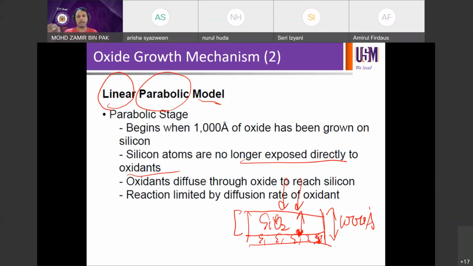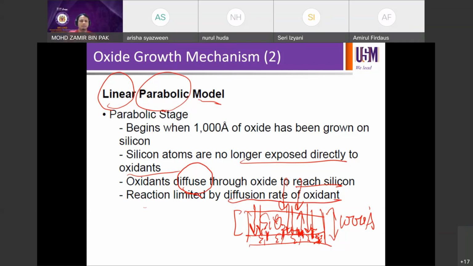So to continue the process, the oxidants now need to diffuse through the oxide in order to reach the silicon below, to form thicker and thicker oxide. So their job is harder. It is harder to form more and more silicon dioxide. At this stage, the reaction is limited by the rate of diffusion. Okay.